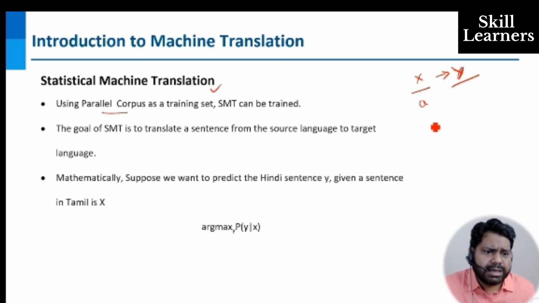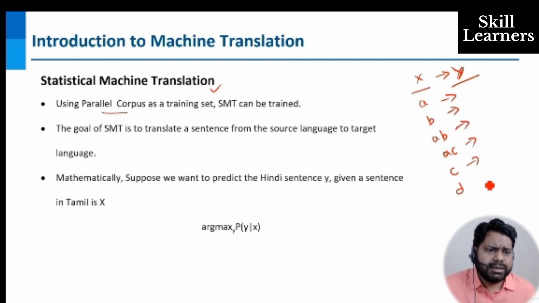Let's say X has A, B, AB, AC, C, D. The corresponding values for Y, for the training set, would be, let's say, 1, 1, 2, then 1, 6, then C would be 6, or 14, and D would be 9, and so on.